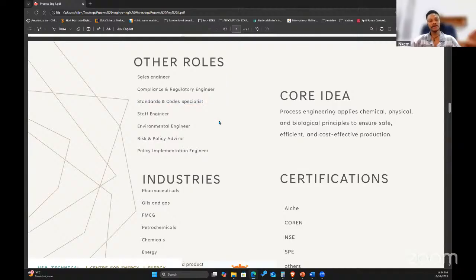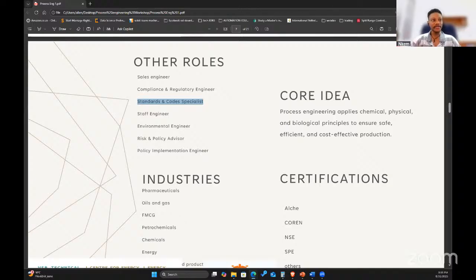For every industry, for every plant, they have to ensure that they are aware of this, and the specialist provides the documents for these codes and the standards. The process engineer also is always aware of this as well, and then he uses it to design the plant.